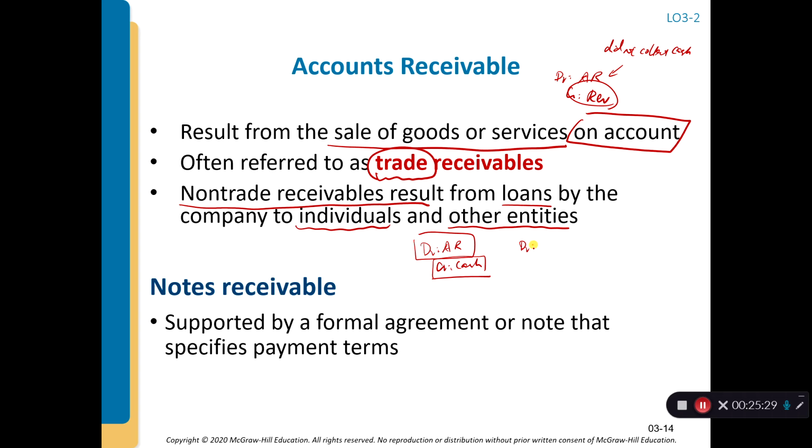And then when they pay interest, you have interest income, with a credit to interest revenue and a debit to interest receivable. Yeah. This kind of journal entry is done in financial accounting, meaning that non-trade-related receivables generated from your loans to other people are also considered accounts receivable.